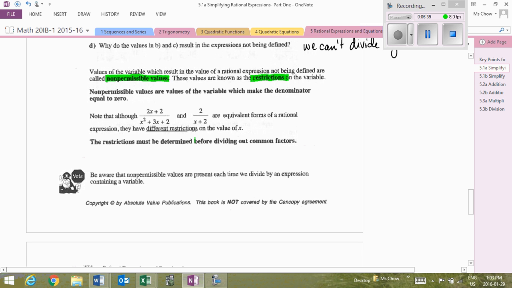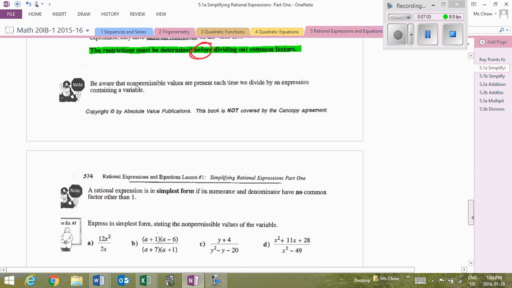So they have different restrictions, so we need to make sure the restrictions are determined before, key word being before, dividing out any common factors. Anytime there's a variable in the denominator, there will be non-permissible values.